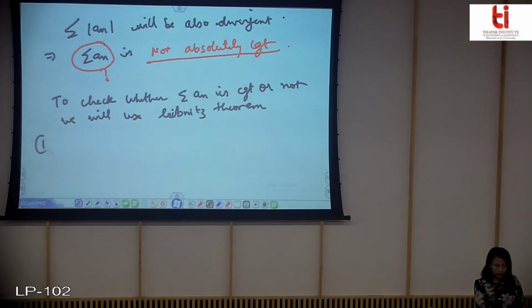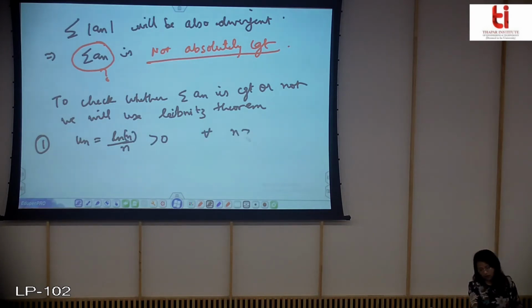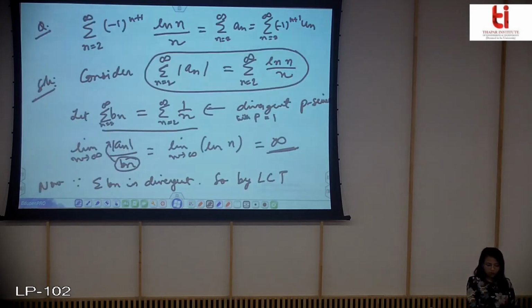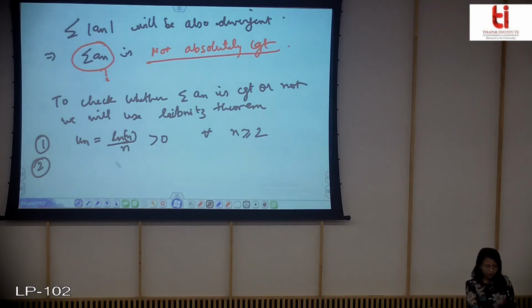So first condition, again we have to check that u_n, that is equal to this, is greater than 0. Obviously it is greater than 0 for every n greater than or equal to 2, because the series starts from 2. So it is okay that u_n is greater than 0. Now what about whether it's decreasing or not?